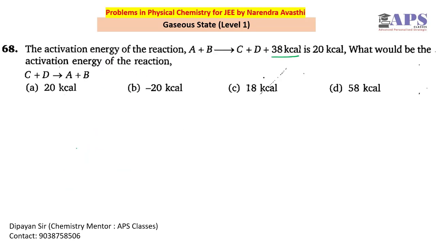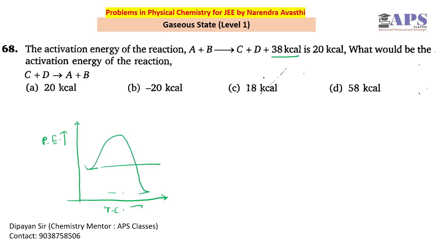So it is an example of exothermic reaction because 38 kilocalorie energy will be liberated for the forward reaction. So if we plot potential energy versus reaction coordinate, this graph will look like this.